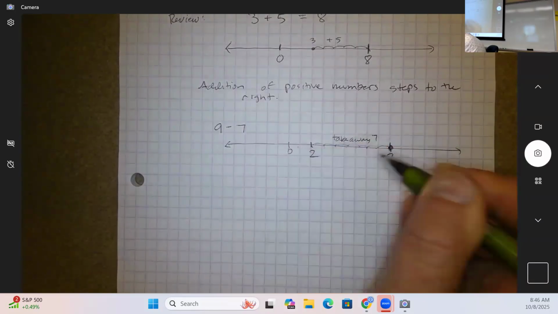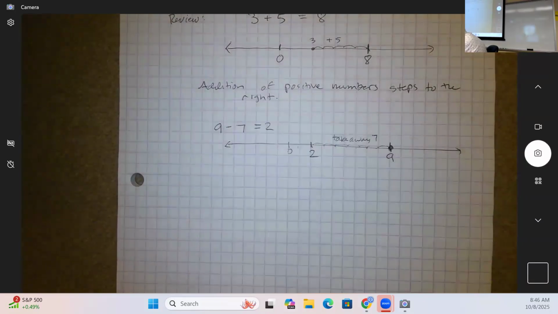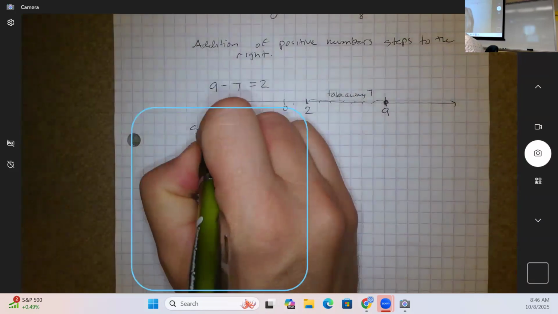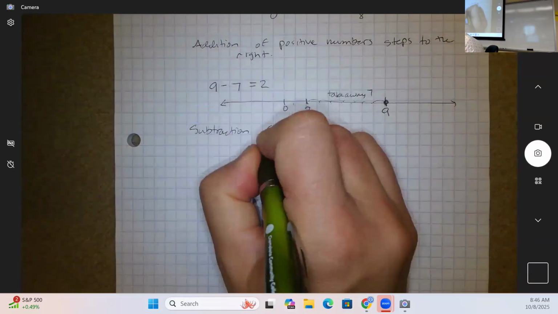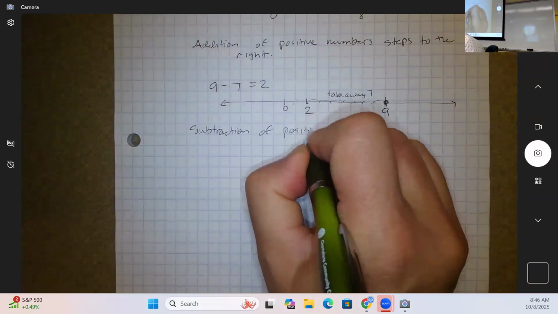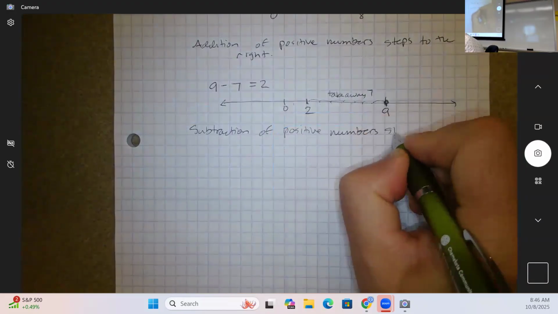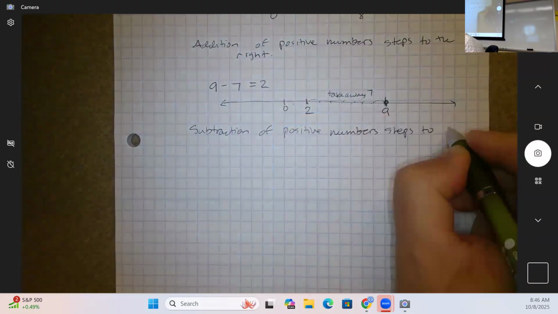Then I end up at 2. Subtraction of positive numbers is steps to the left.